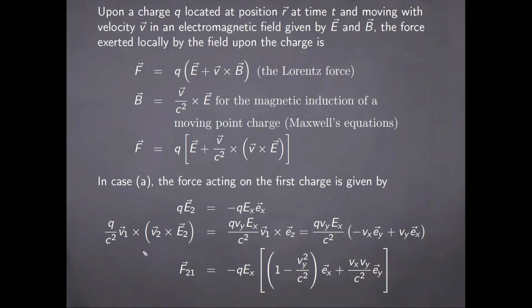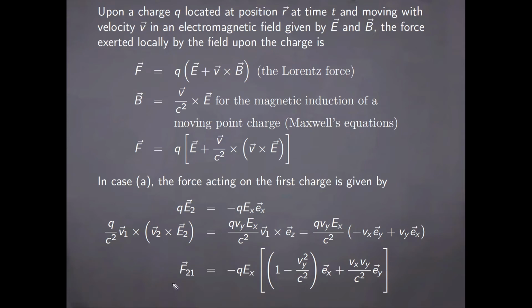And as for the magnetic component, it's very easy to first work out the cross product of the second charge's velocity and electrical field. This ends up being the y component of the velocity times the x component of the field directed along the z-axis. And then we need to take the cross product of the velocity of charge 1 with the unit vector along the z-axis, and the result is the one here.